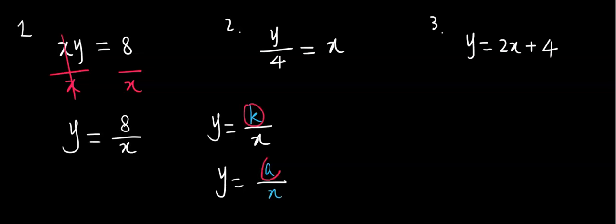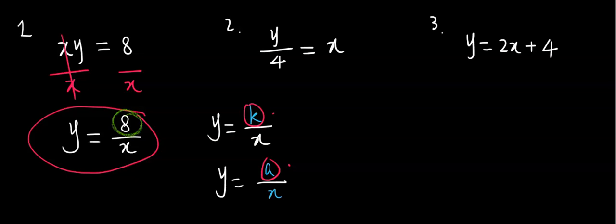Either a or k, you can use one of these 2 forms. It tells us it is an inverse variation. This is the constant of variation. Does y equals 8 over x have this form? That's right. Therefore, question 1 is an inverse variation. What is the constant of variation? That is 8. Very good.